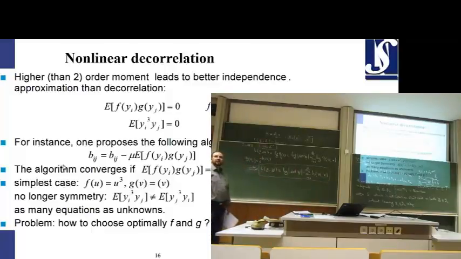So the maximum likelihood changed to maximizing this function over W.